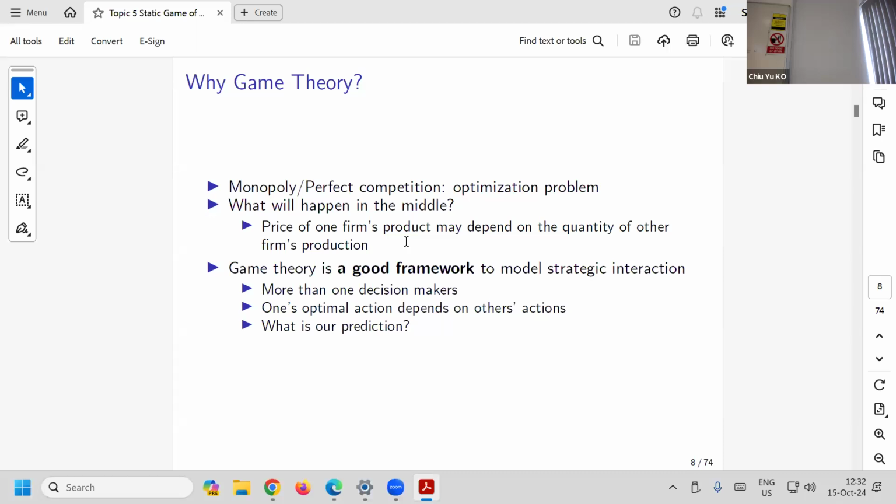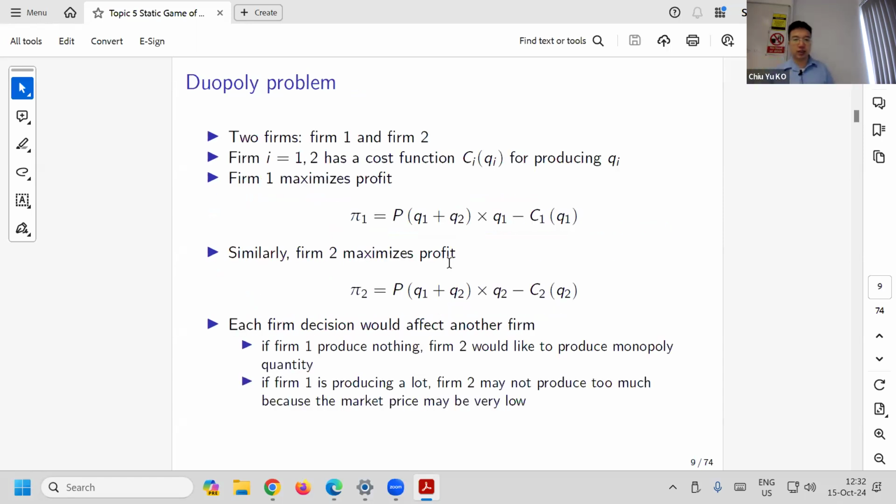And the approach we use for today is game theory, or more precisely, non-cooperative game theory, which means that each individual will make their own decision. So for example, this is a very classical duopoly problem where you have two firms and they choose quantity. It's like quantity competition.